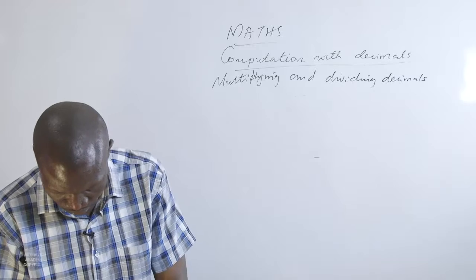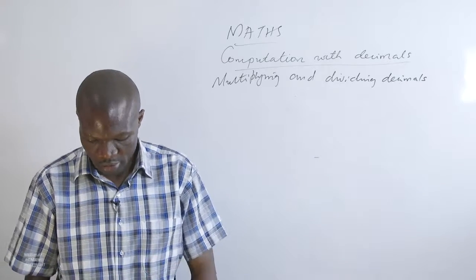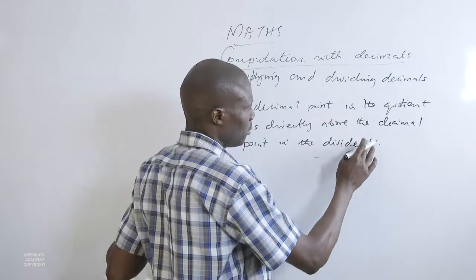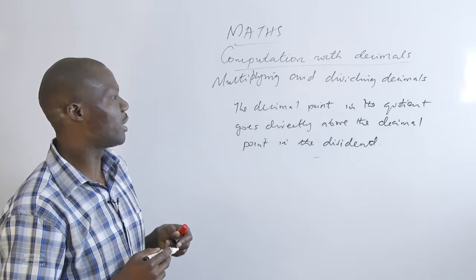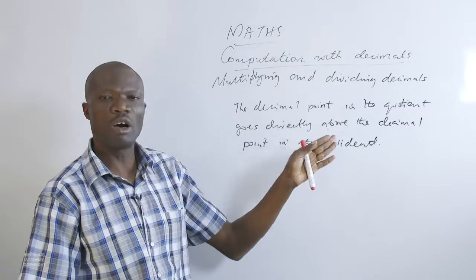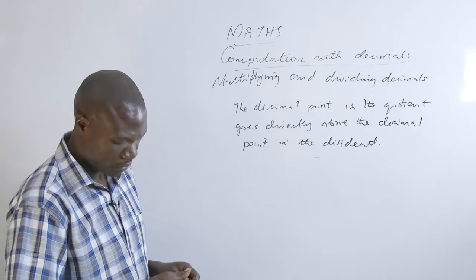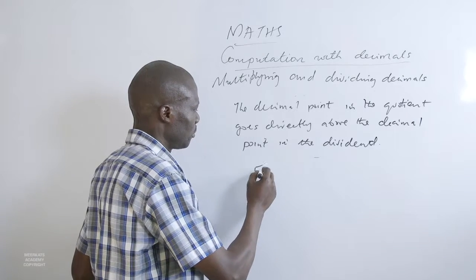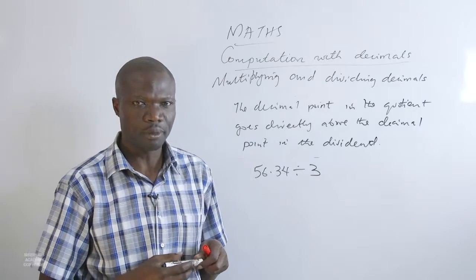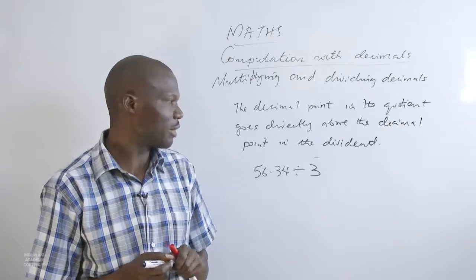When dividing decimals by other decimals, the decimal point in the quotient goes directly above the decimal point in the dividend. For example, 56.34 divided by 3.